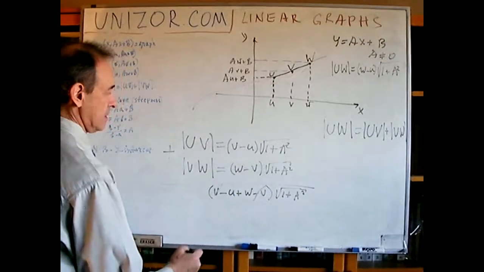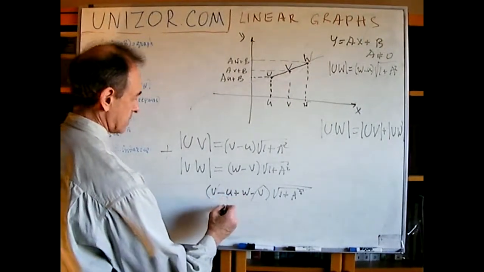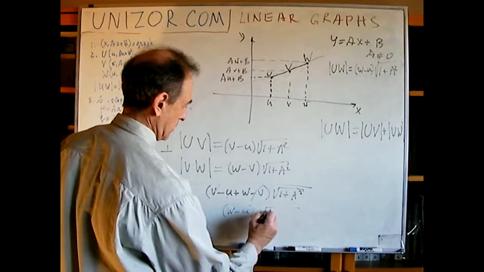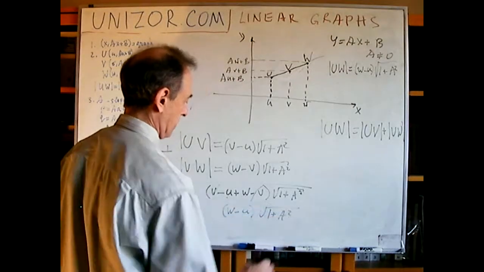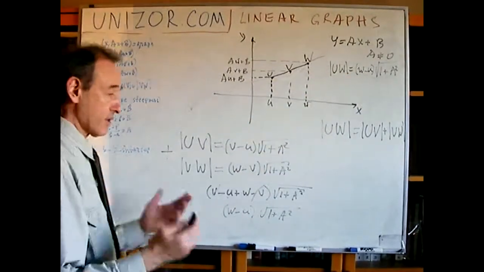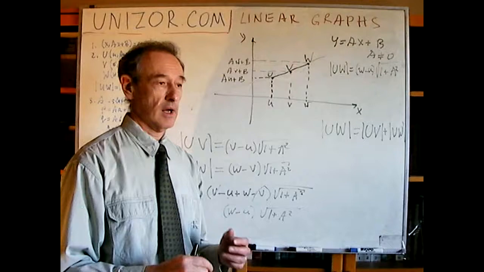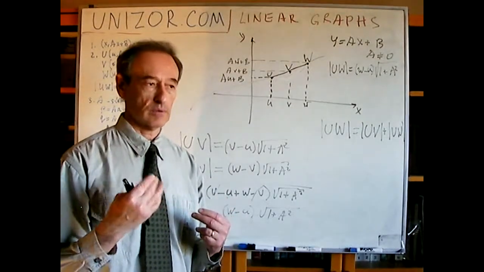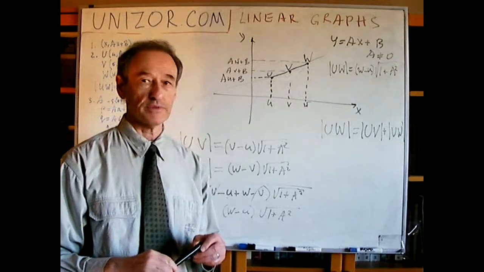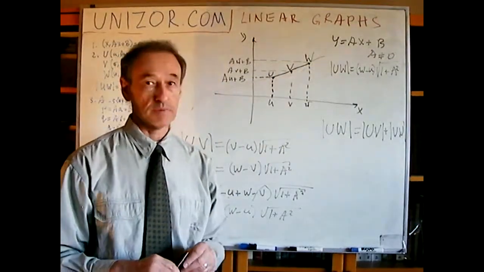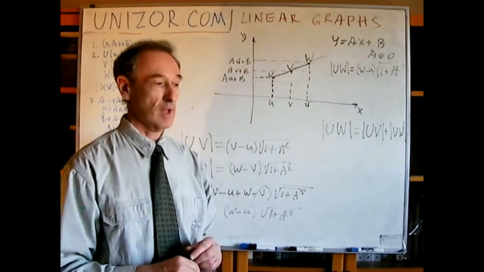Minus V and plus V cancel, and we have W minus U, which is exactly the same as this. So this is a very easy proof that the line which represents the graph of the linear function Y equals AX plus B is a straight line.